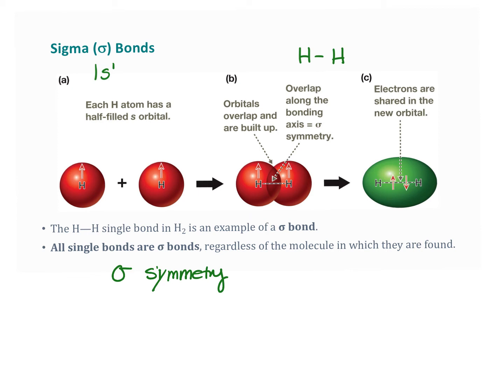What you're going to see is we're going to shorten that to just sigma bonds, okay? And so an orbital that has sigma symmetry will be produced when orbitals of different atoms overlap along the bonding axis, okay?